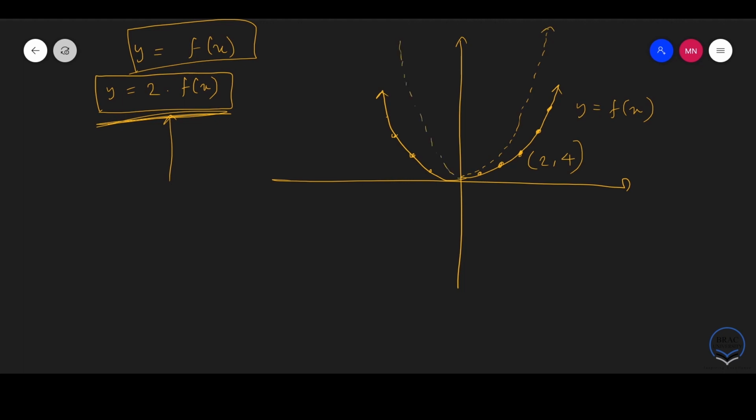So this is just the graph of y is equal to f of x that is scaled vertically by a factor of 2. So if this is the point 2 comma 4, then this point is going to be 2 comma 8. So we just multiplied the y coordinate by 2.